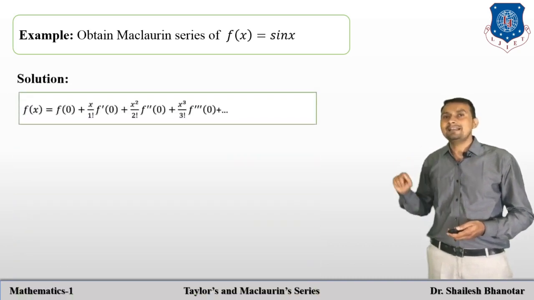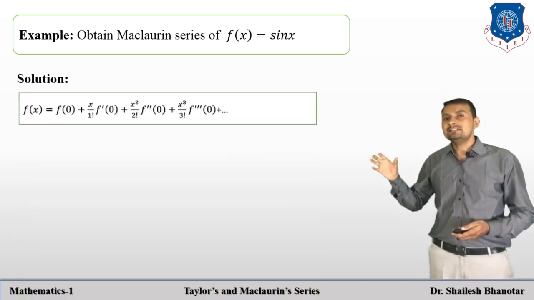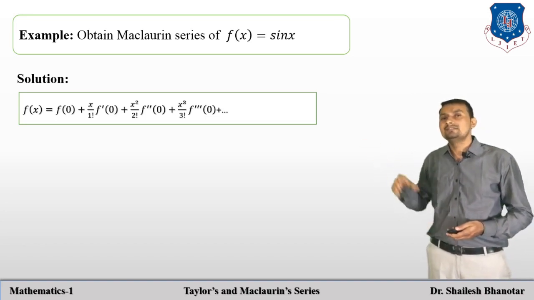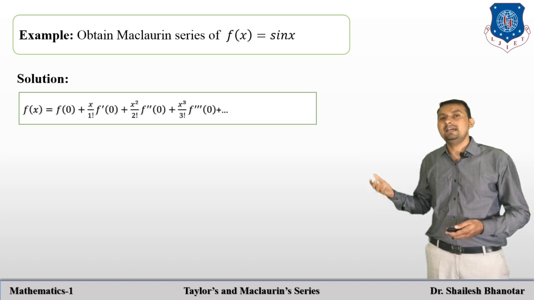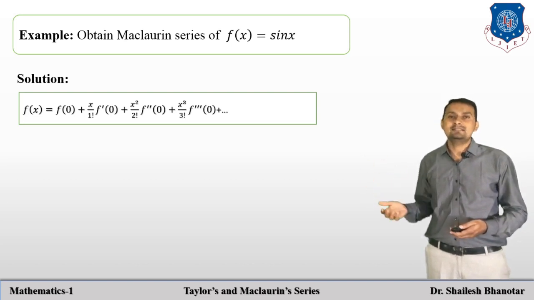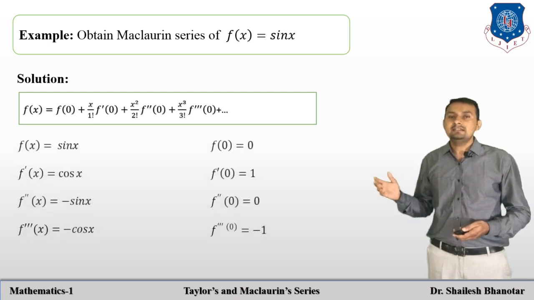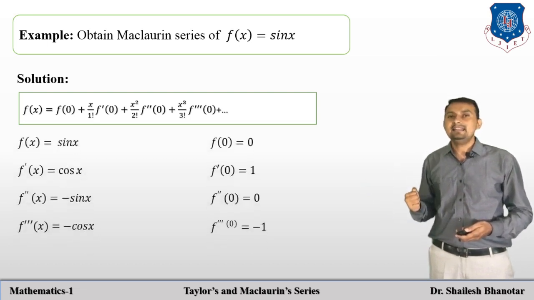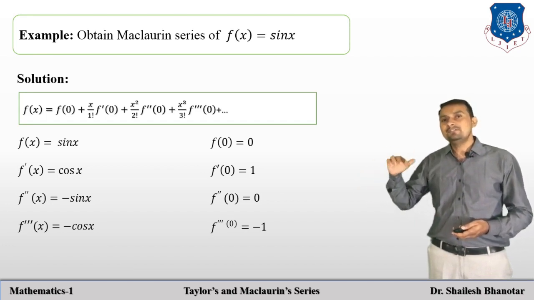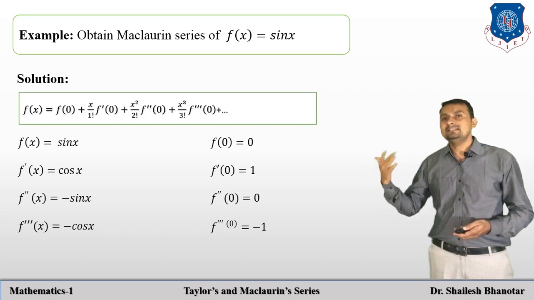So this is our Maclaurin series expansion. For that we consider f of x equal to sin x. Based on that we have to determine f of 0, f dash at 0, f double dash at 0 and so on. So first f of x is sin x. At 0, f of 0 is sin 0, which is 0. The first derivative of the function, the derivative of sin, is cos x.